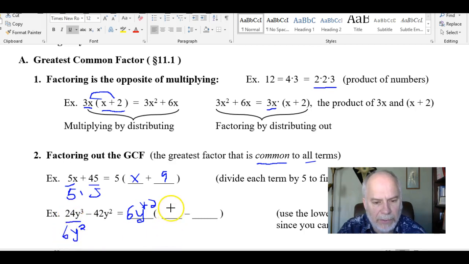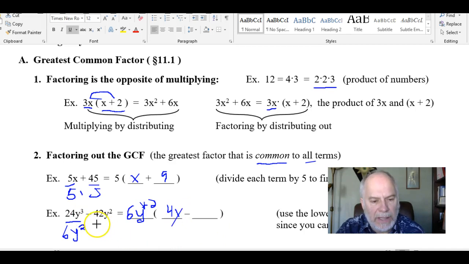24 divided by 6 would give me 4. And y to the third over y to the second, 2 of those y's would cancel, leaving just a single y. So basically it'd be 4y.